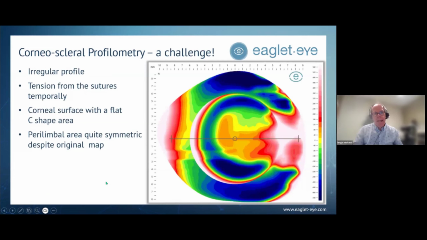So in that case, we confirm the irregular profile. You see on the right side of the cornea all the bulging of the conjunctiva, and from the transition of the cornea to the conjunctiva, coming from the tension of the sutures that are still in place. Sutures are also in other places of the cornea, but with less tension than in that particular area.